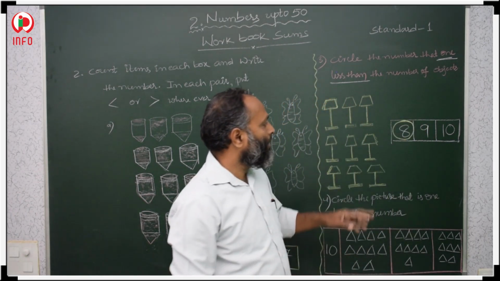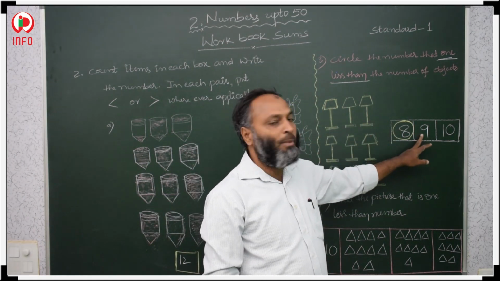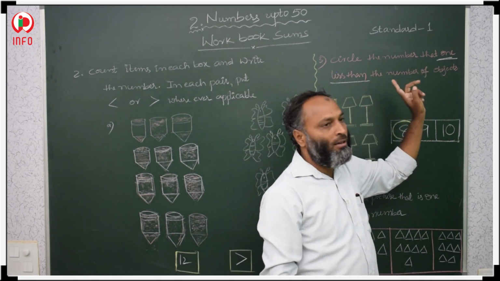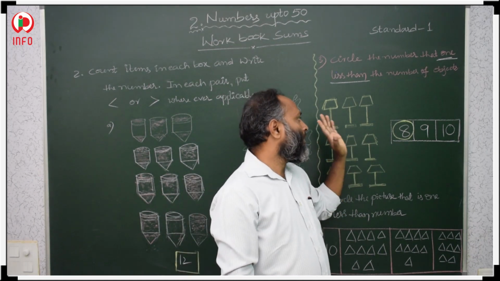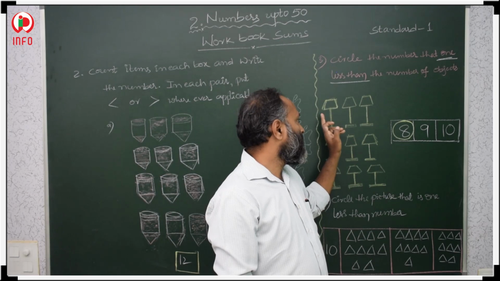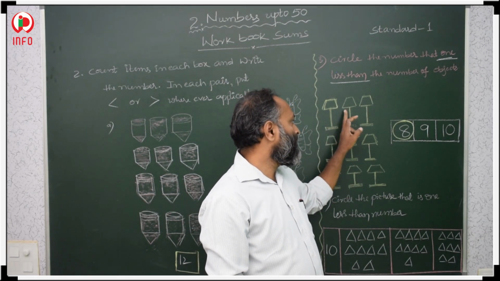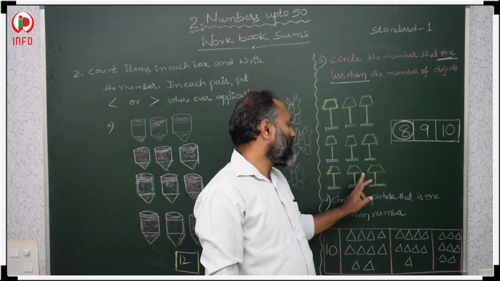So here 9 lamps were there, but it does not mean we have to circle 9. What is he asking here? One less than the number. First we have to count the number of objects, articles, pictures. How many lamps were given? 1, 2, 3, 4, 5, 6, 7, 8, 9.